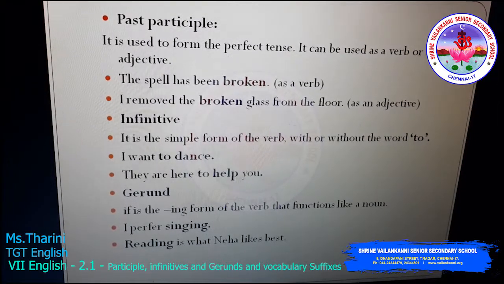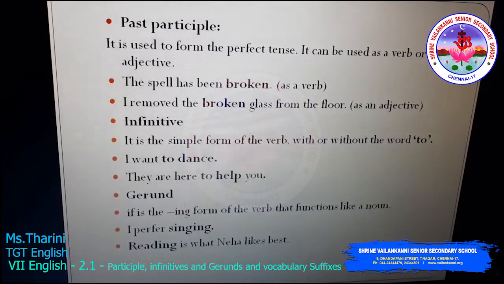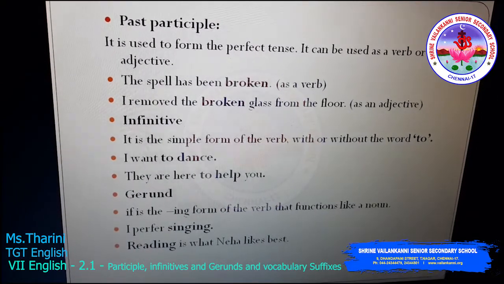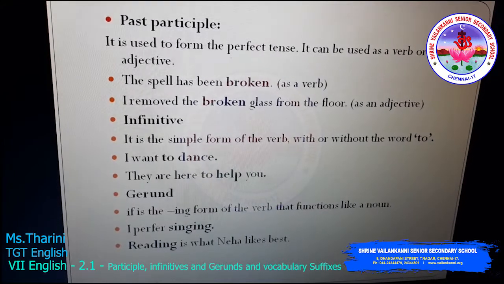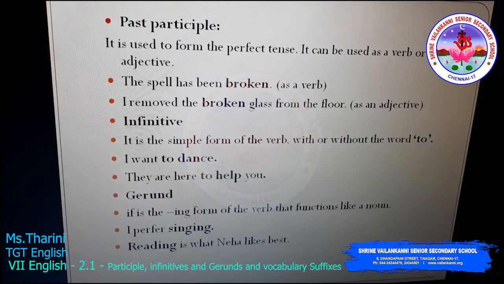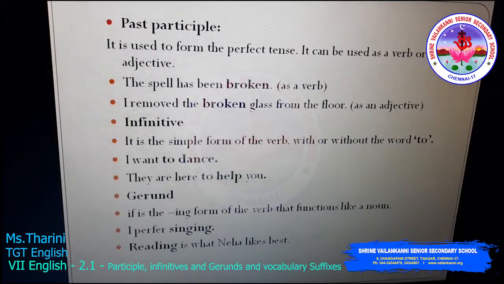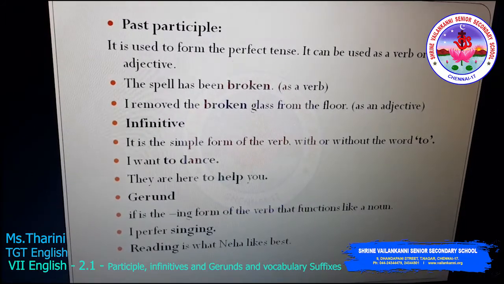Painting is my hobby. So singing, reading, painting, all these are nouns and not verbs. These act as gerunds. So past participle, present participle, infinitive, gerund come under non-finite verb.